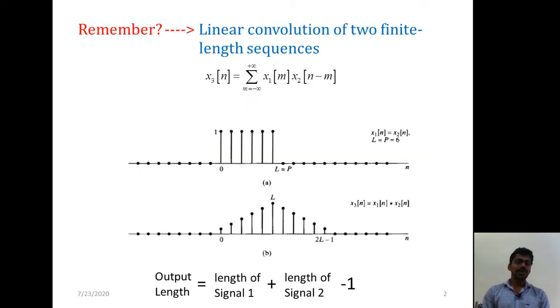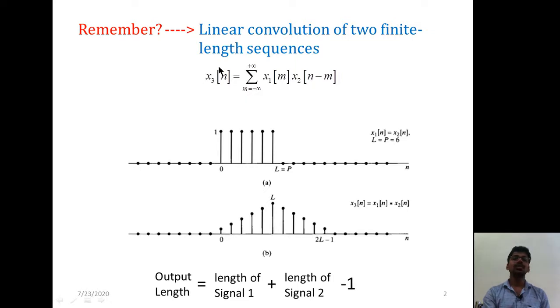Before we start, we'll recall what linear convolution of two finite length sequences is. Suppose x1(n) is the first sequence and x2(n) is the second sequence. Then the linear convolution of x1(n) and x2(n) is computed using this equation: the sum over m ranging from minus infinity to plus infinity of x1(m) x2(n minus m), where m is a dummy variable.